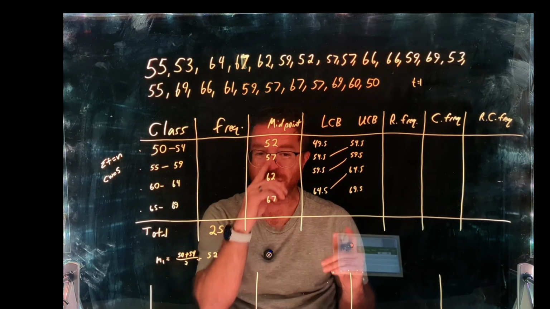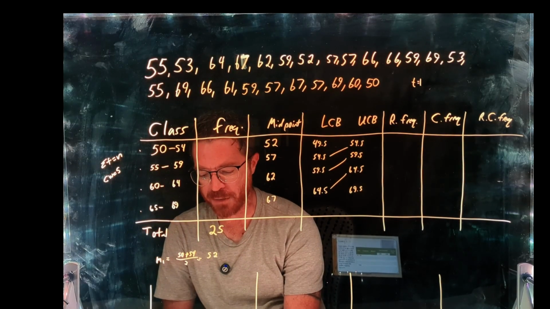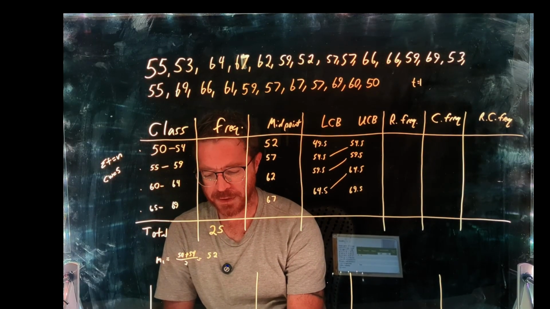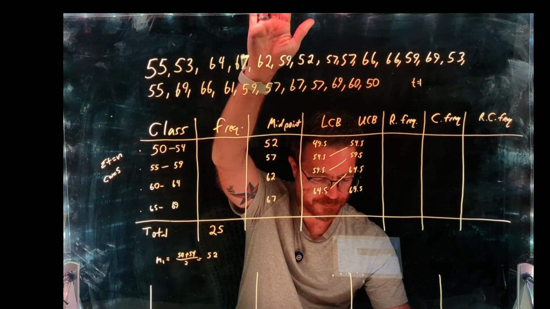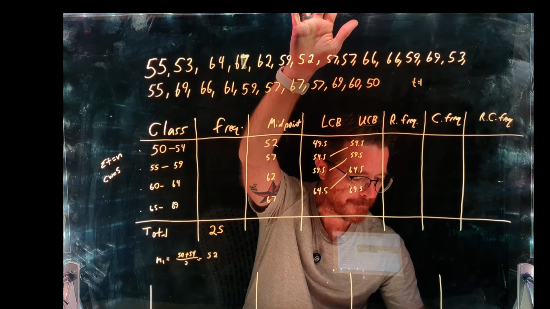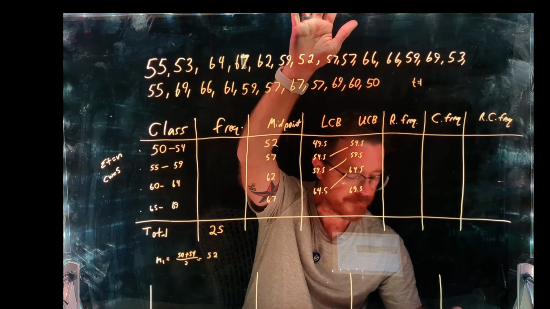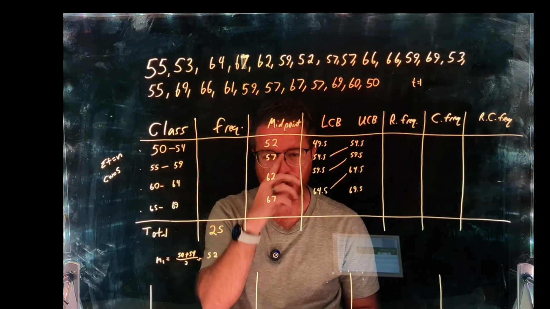Now, don't forget, we do need to label these. So for our x-axis, each of these are just going to be our midpoints. So midpoint. And I also want to label what each of these graphs are going to be.